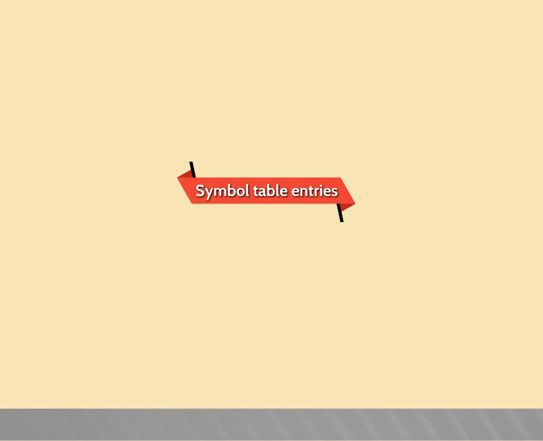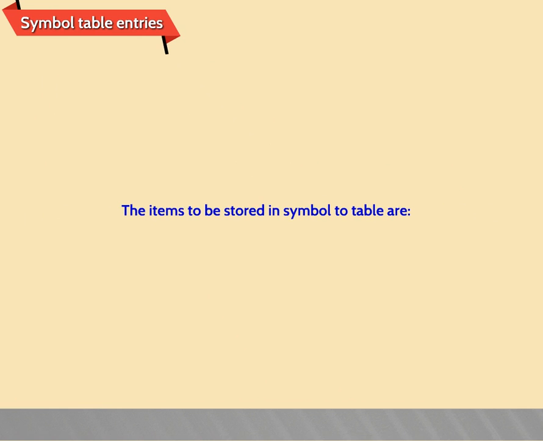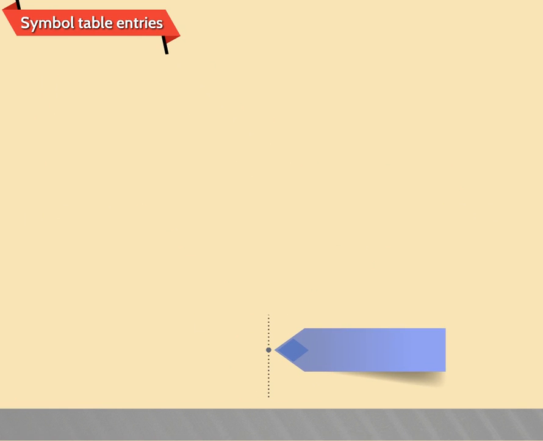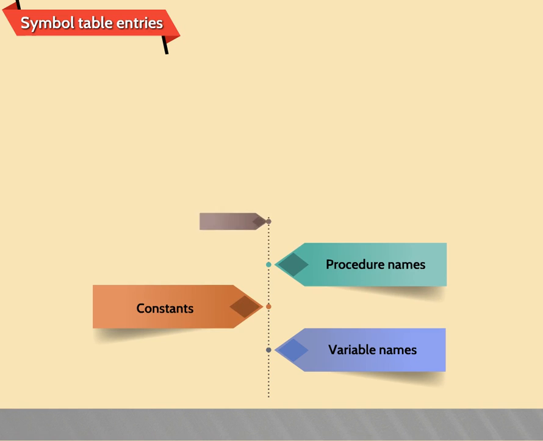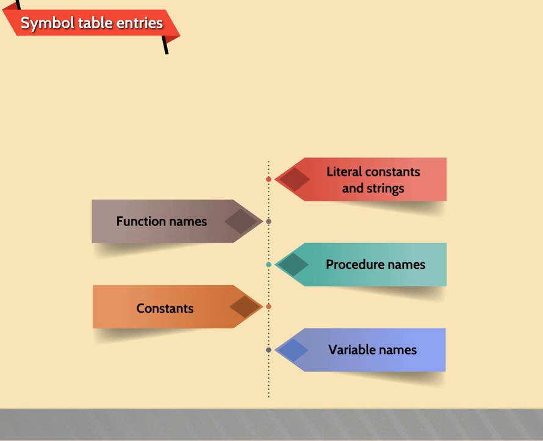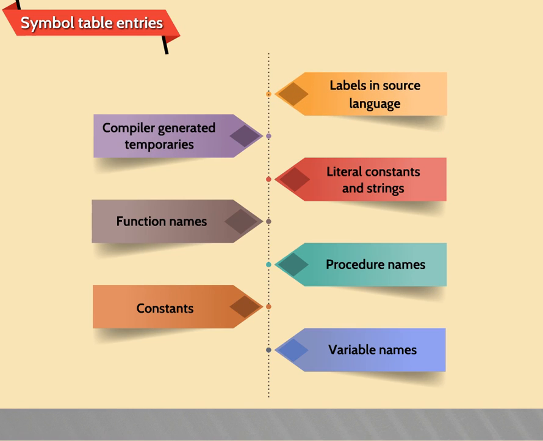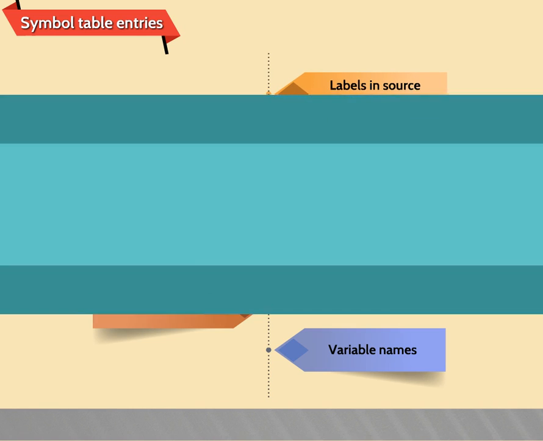Symbol table entries. The items to be stored in symbol table are variable names, constants, procedure names, function names, literal constants and strings, compiler-generated temporaries, labels in source language.